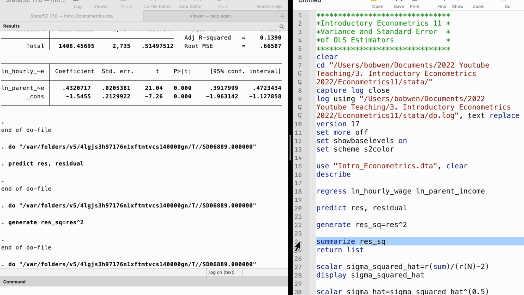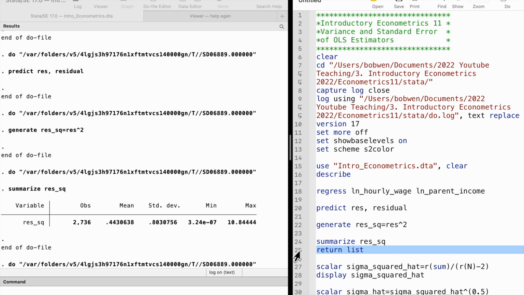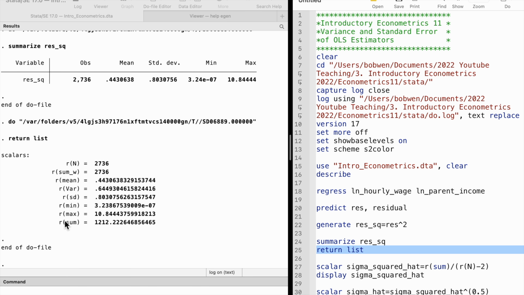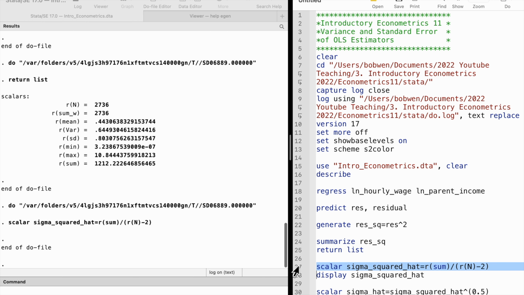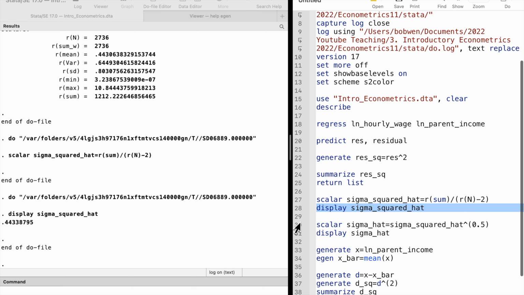This command returns the sum of values of all observations and the number of observations, the sample size. We use a scalar to store the value of sigma squared hat. The sigma squared hat is computed according to the formula we just learned. We can take a look at the value. Then we calculate the sigma hat.